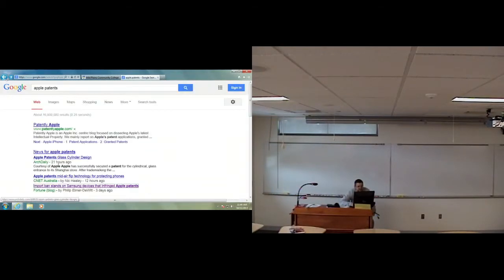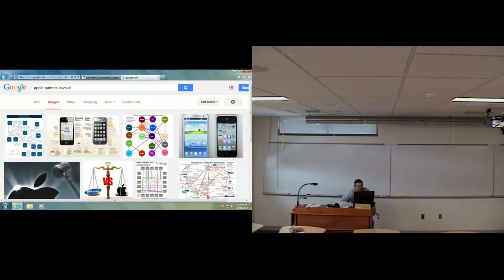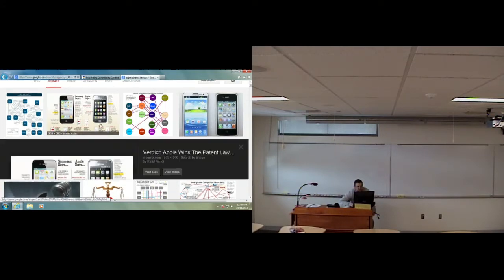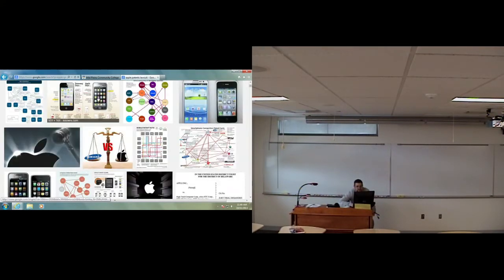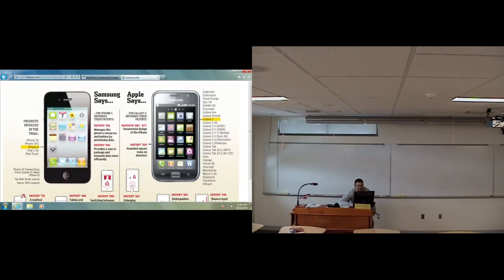Let's take a look at a different search. So here's what it comes down to: ornamental design of the phone.